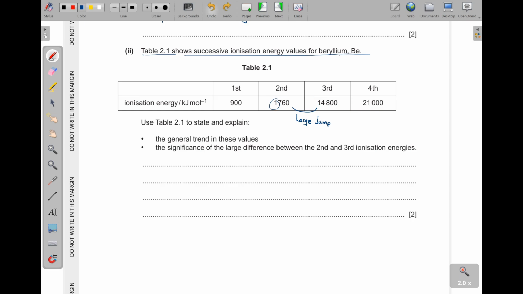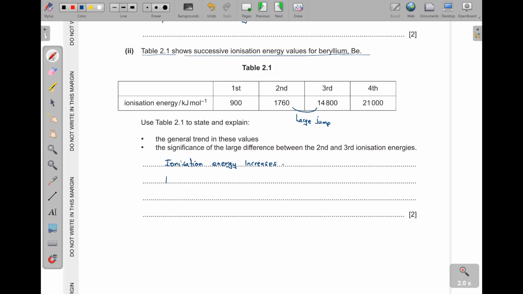They're saying use this table to state the general trend in these values and explain the significance of the large difference between the second and the third ionization energies. So the general trend is that ionization energy increases for every removal.